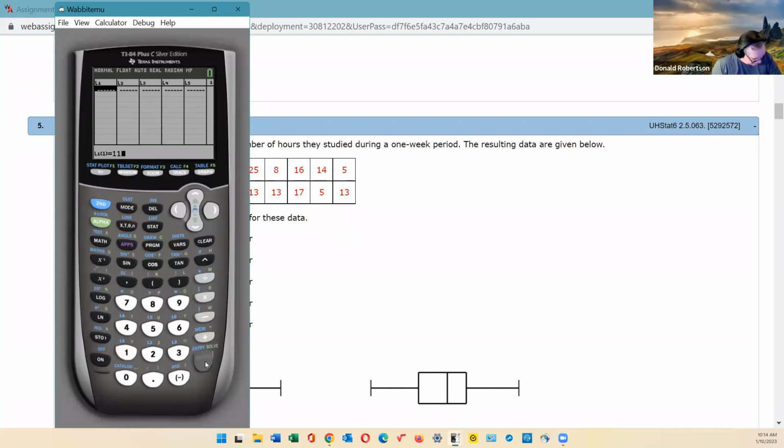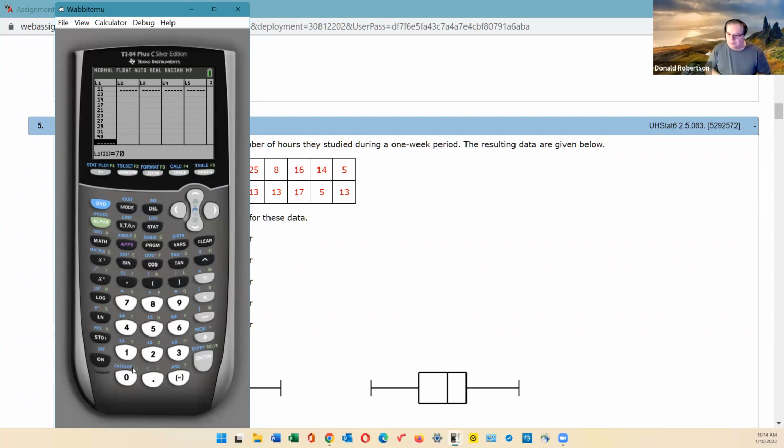I have 11, then 13, then 14, then 17, 21, 23, next one's 27, then we have a 29, then a 31, 40, and finally a 70.